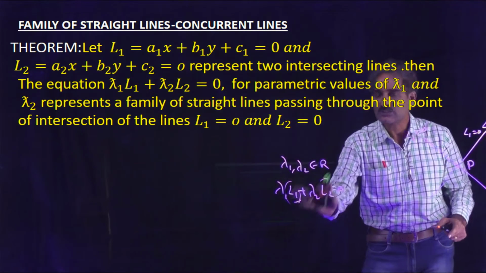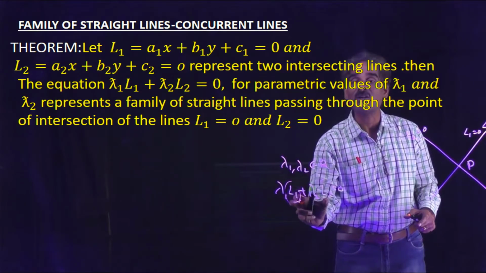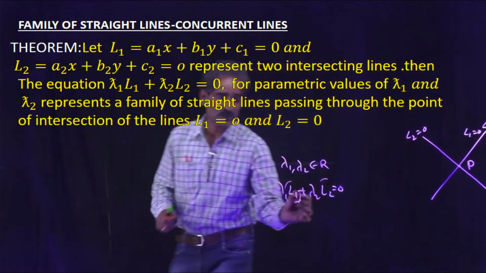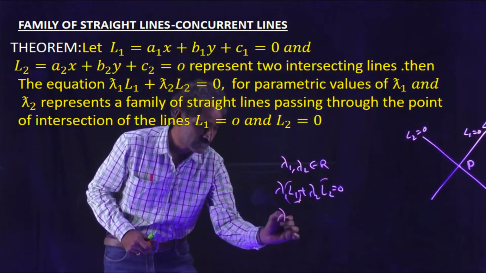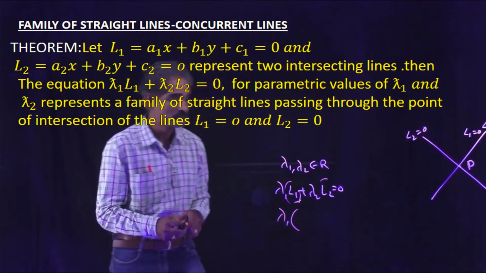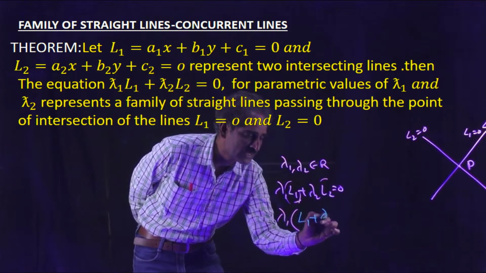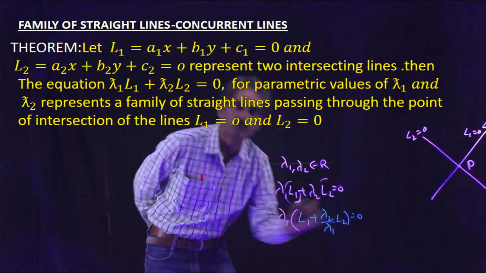This is the form of the family of lines when L1 and L2 are intersecting lines. We can change this equation: if you take lambda 1 common, we get lambda 1 into L1 plus lambda 2 by lambda 1 into L2 equal to 0.